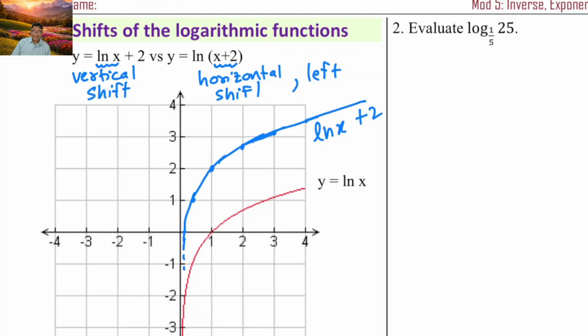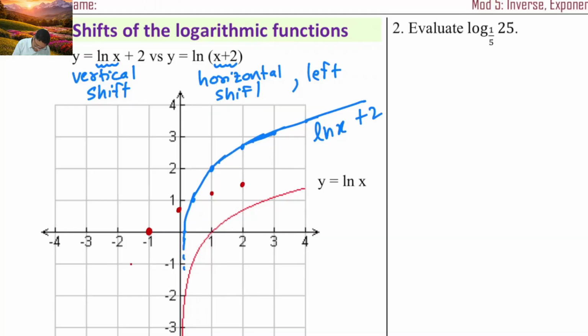Go ahead and sketch ln of x plus 2. That would be shifting 2 units left. So 1, 0 will be negative 1, 0. 2, some value there would be here. 3 would be here. 4 will be slightly up, and so on.